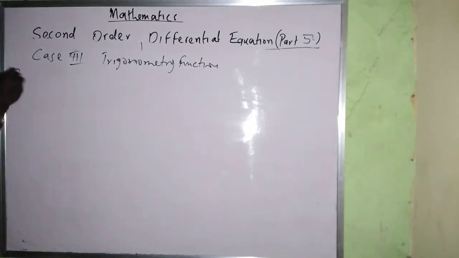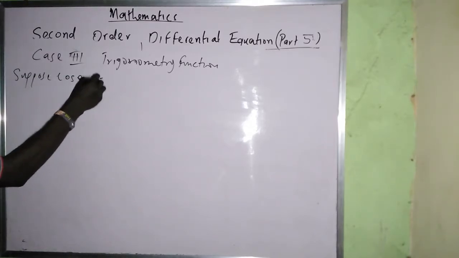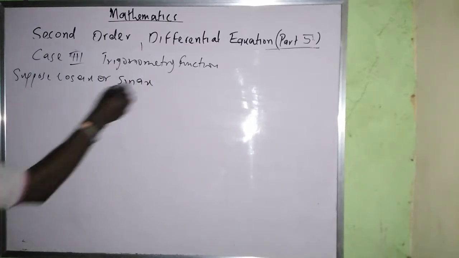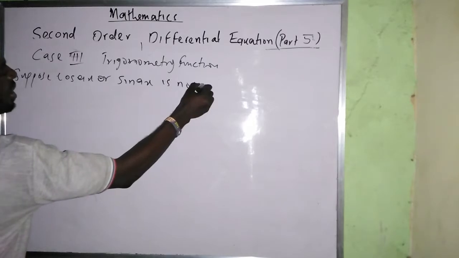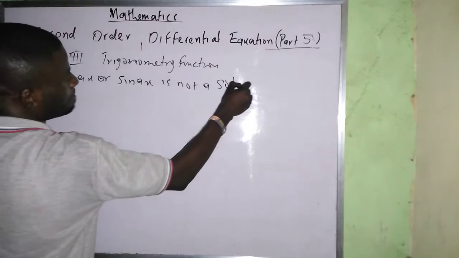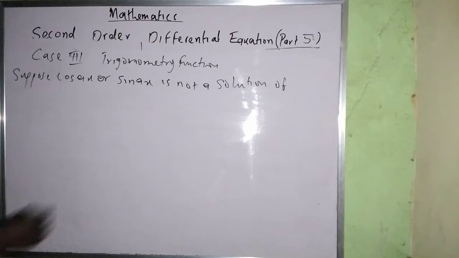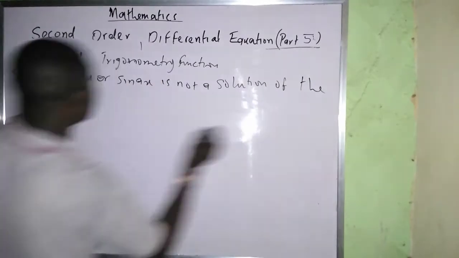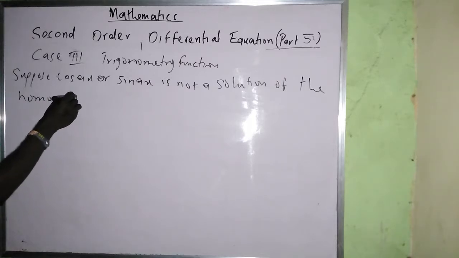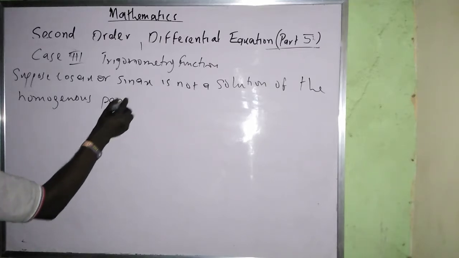Note, suppose cos ax or sin ax is not a solution of the homogeneous part. Now, I think you should know the meaning of homogeneous part.